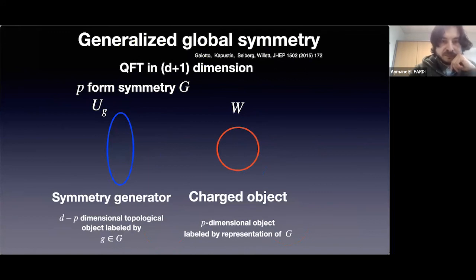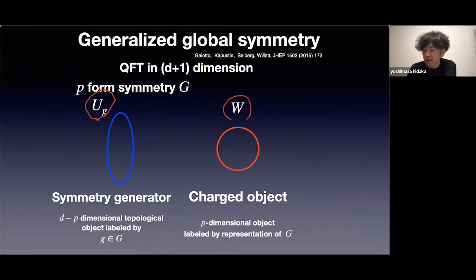The difference between the symmetry generator and the charged object is that in this case, this operator is topological. Which means you can deform this operator as you like, and that does not change any physics.